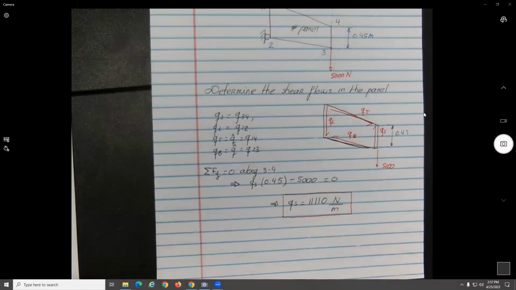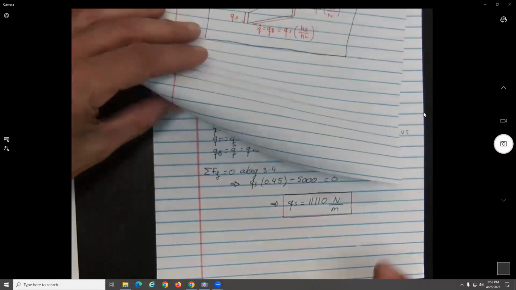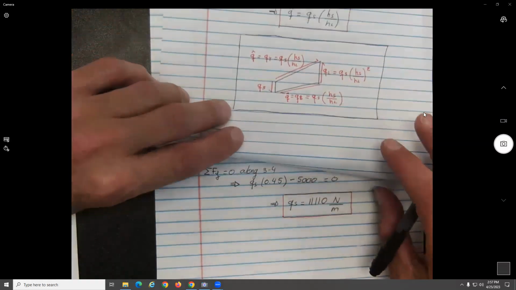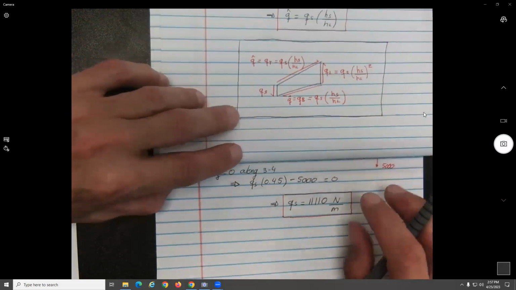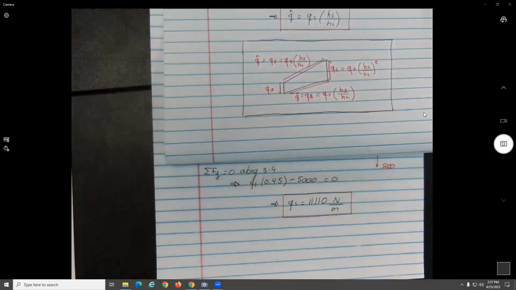Okay, so now what do we need to do? Using these relations now, we can find out what would be the value for the other ones.